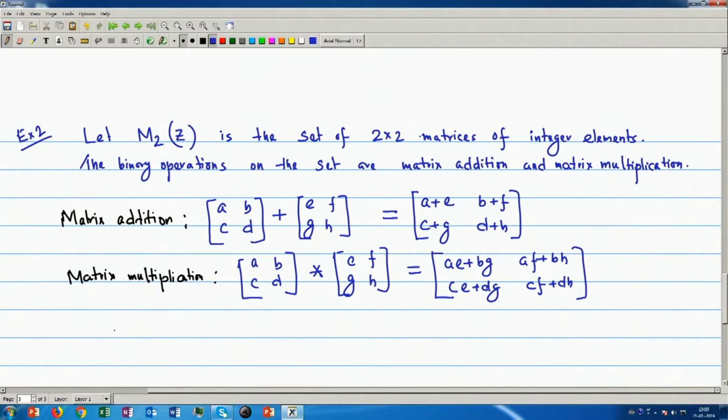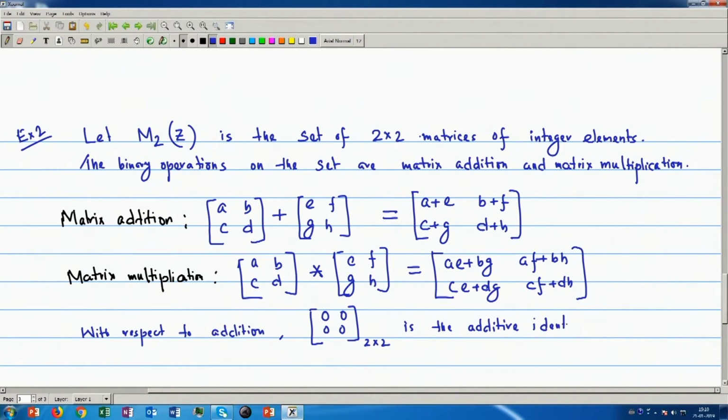Now, if we consider matrix addition, then with respect to the operation addition, the matrix [0 0; 0 0], this 2 by 2 matrix, is the additive identity, since if we add element-wise 0, then I will get the same matrix.